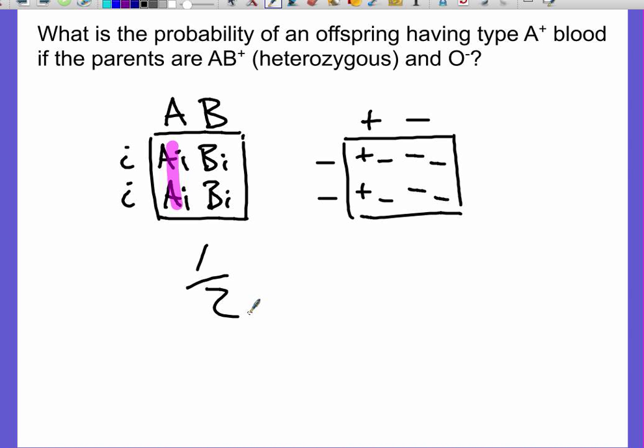The second Punnett square for the Rh factor needs to be positive for that offspring that I'm looking for. I wanted A positive, and positive only is going to occur in this case when you're that heterozygous on the left over there, but again, the probability is going to be 1/2.